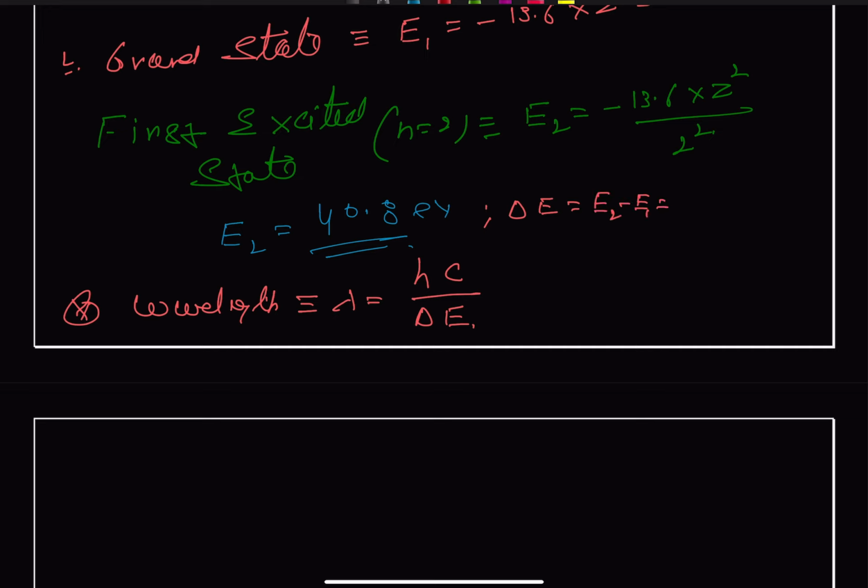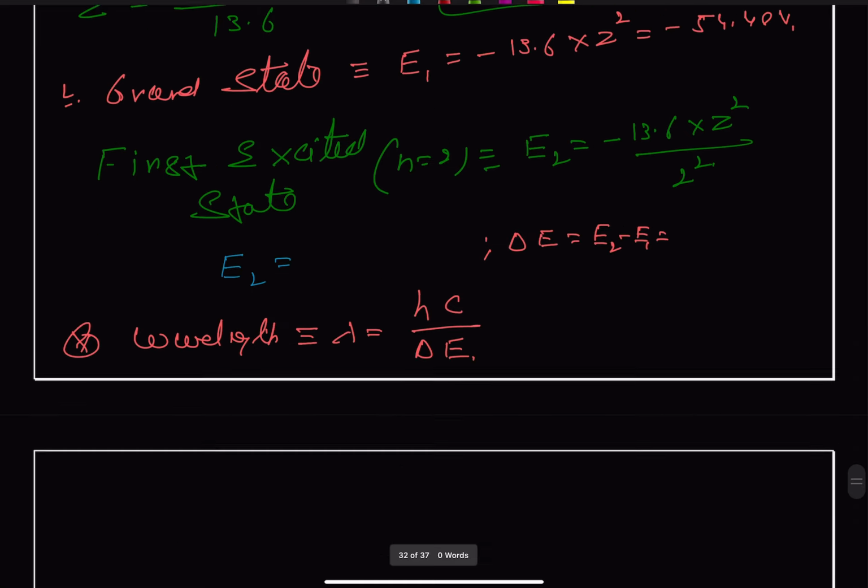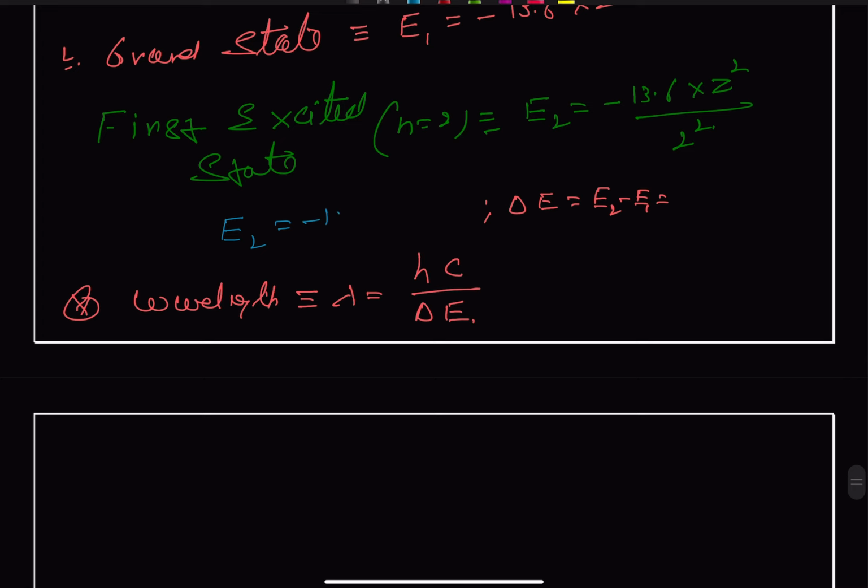So we can say delta E is equal to E2 minus E1. Z was 2, so E2 is minus 13.6 electron volt.